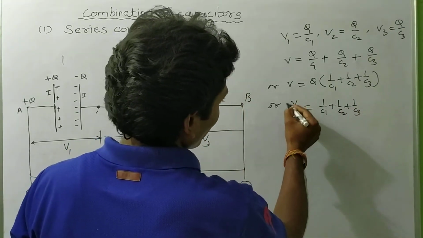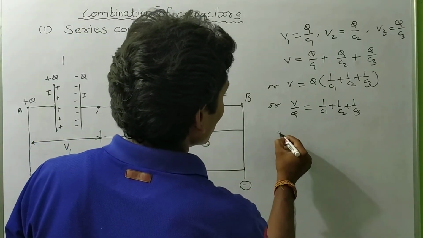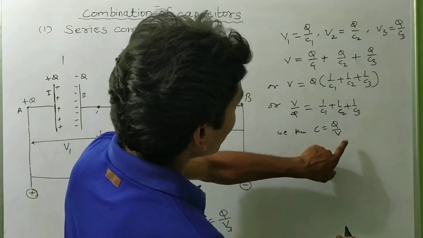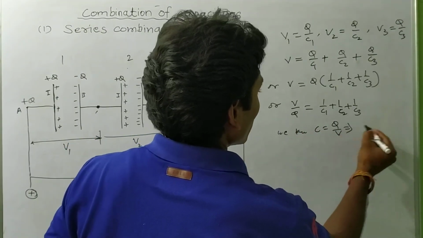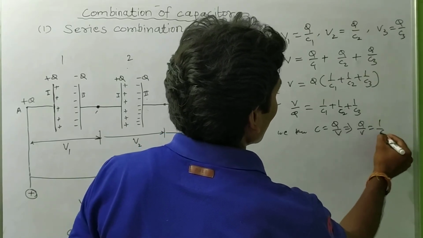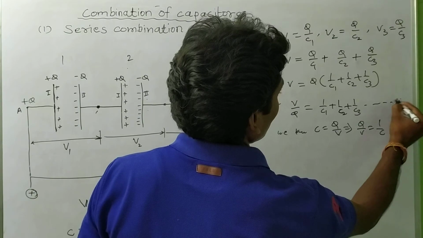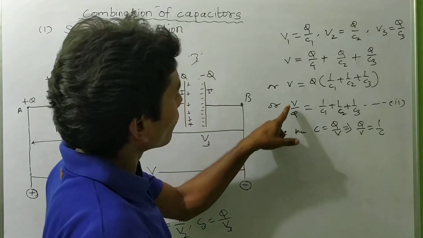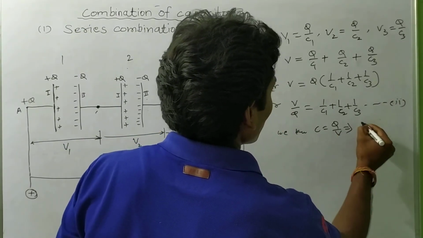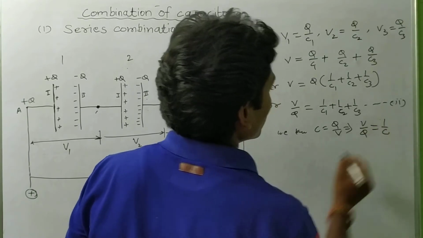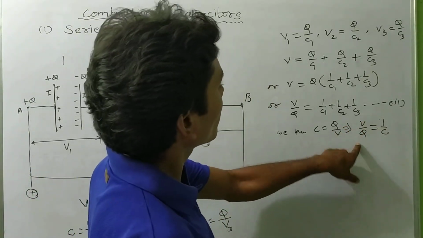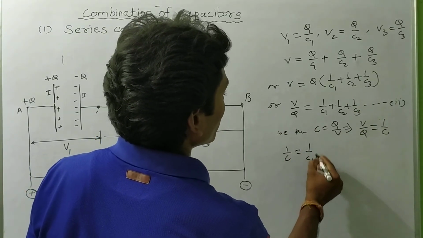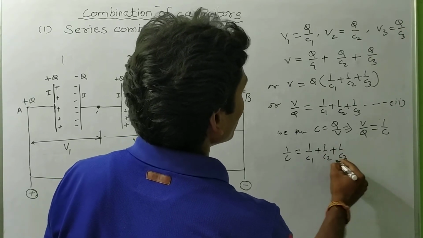This is equation second. We know that C equals Q upon V, so V upon Q will be 1 upon C. On putting the value of V upon Q in the second equation, it will be 1 upon C equals 1 upon C1 plus 1 upon C2 plus 1 upon C3.